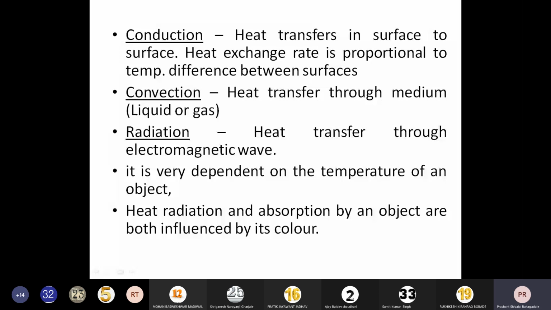The hot iron which has heat and temperature, you are now transporting that heat to your fabric, which is normally cold compared to the iron. As compared to the iron temperature, the temperature of your fabric is less. So that is the difference between these two substances. Rate of exchange means how fast or how much of your heat will go there. It totally depends on the temperature difference between these two substances.